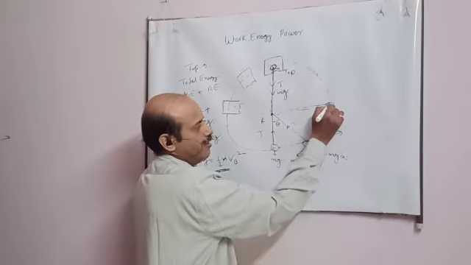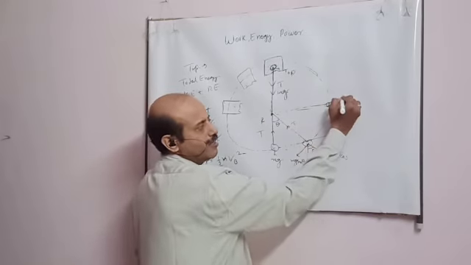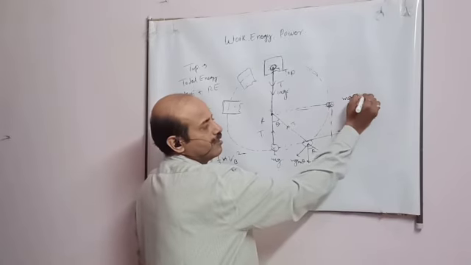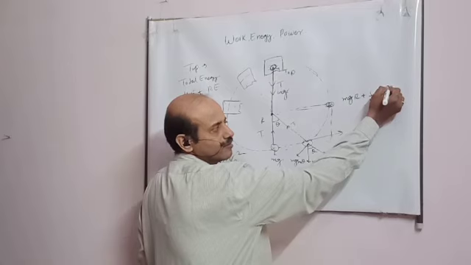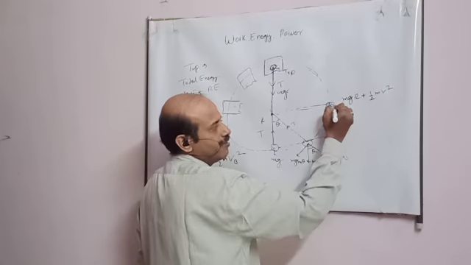This is r height, okay? R height, student. So here it has gained potential energy plus kinetic energy, half mv square. This I am naming as C, student.